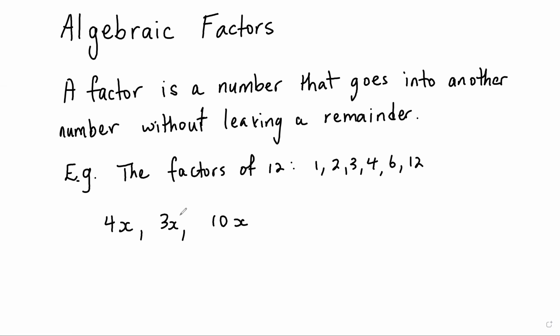I liked how Soraya explained it just now. She said a factor is a number that when you multiply by another number, you get the other number. 2 is a factor of 12 because when you multiply 2 by 6, you get 12. 3 is a factor of 12 because when you multiply 3 by 4, you get 12, and so on, right?